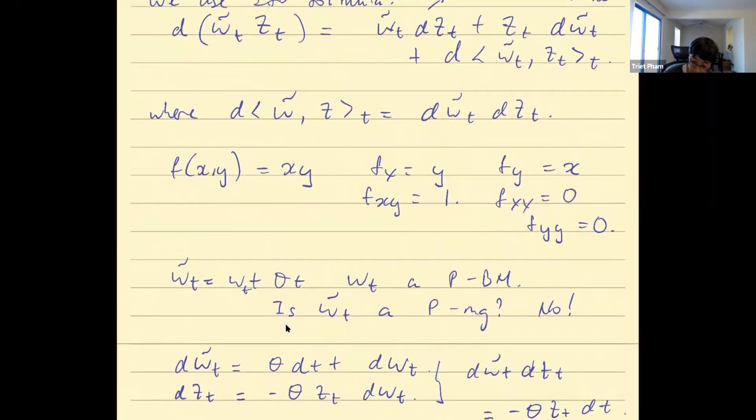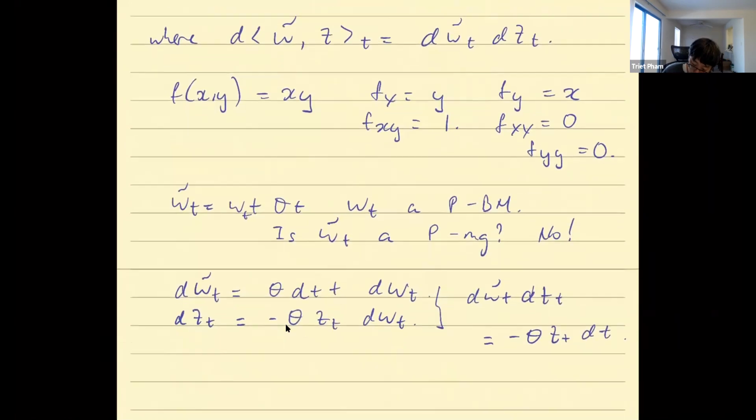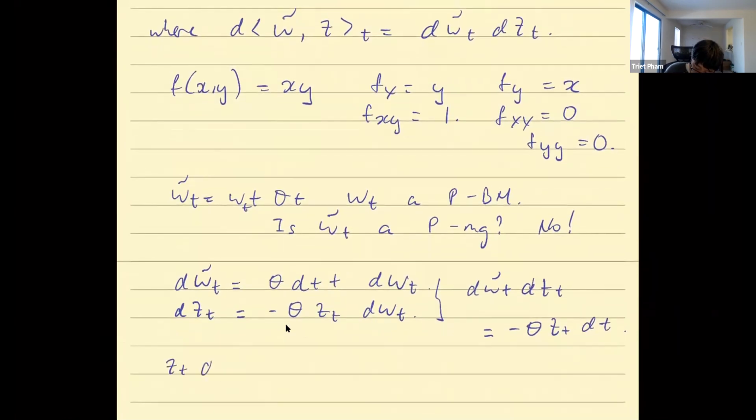All right. So let's look at these two terms again: Z T dW tilde T plus the covariation.